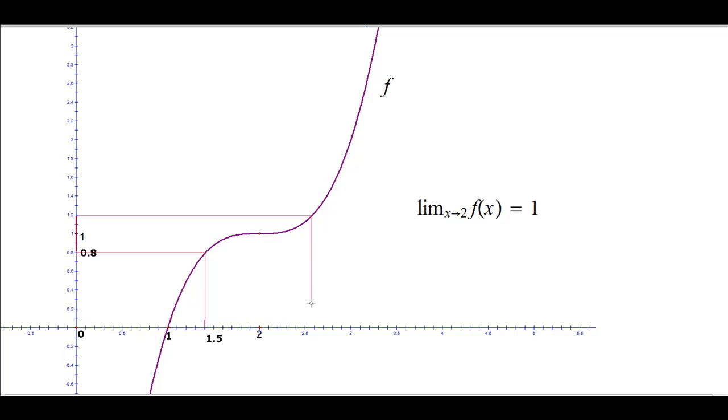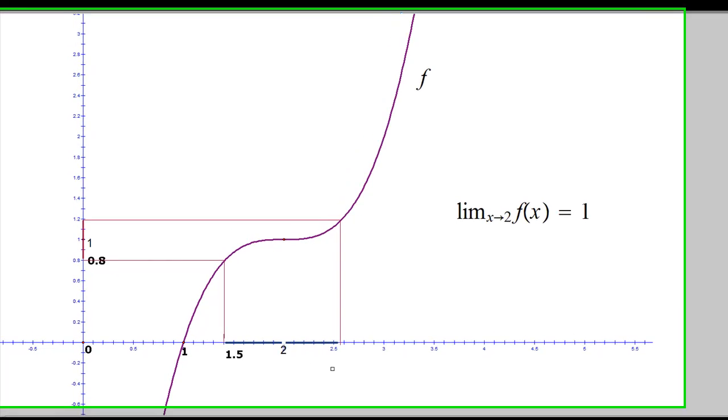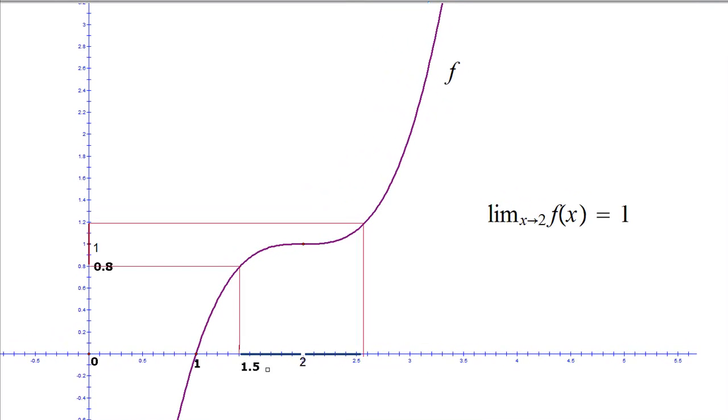Now notice what happens if we keep the x values in this interval around 2, and we choose to ignore 2. We are avoiding taking x equal to 2 here.